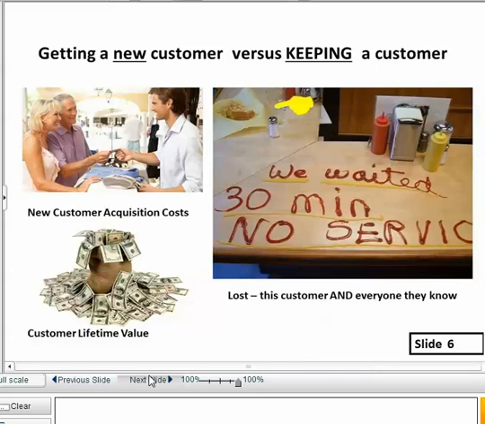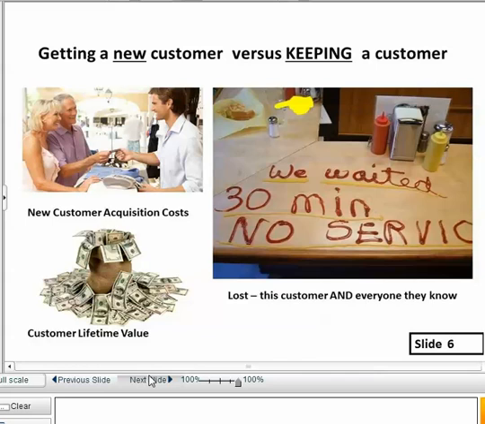But once you get that customer, they have more value to you than the immediate sale that you get from them. That sale is a one-time sale. But if you can keep them as customers, A, you're going to get their future sales, and B, they're going to like you so much if they stay with you that they're going to refer other customers to you.